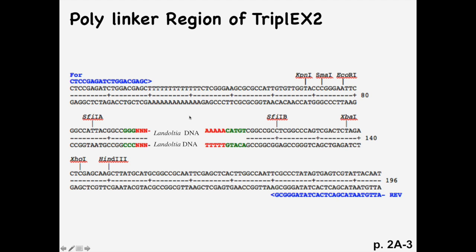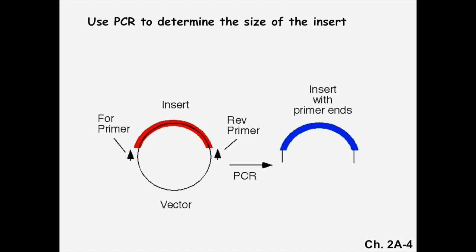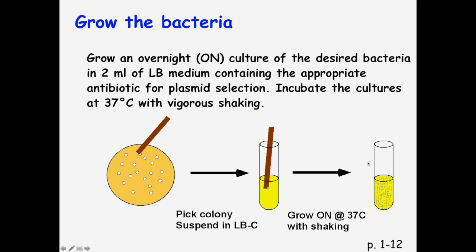It's not just our DNA, we're actually amplifying part of the vector, our plasmid that we are using. So we're going to have some extra sections in the insert or the fragment when we actually take a look at our gels. That extra section is the area where the primers were bound, and it's going to be roughly about 200 bases extra.